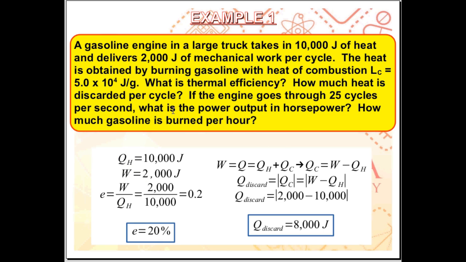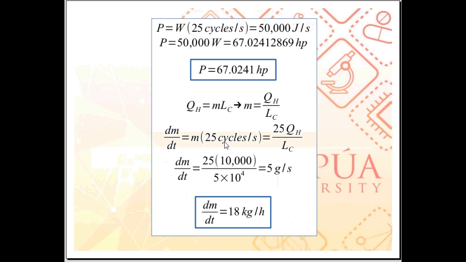Finally, how much gasoline is burned per hour? At 25 cycles per second, QH is due to burning up fuel. So QH is just equal to MLC. M is equal to QH over LC. Now, the amount of mass per second that is burned is the mass for one cycle times the number of cycles per second.